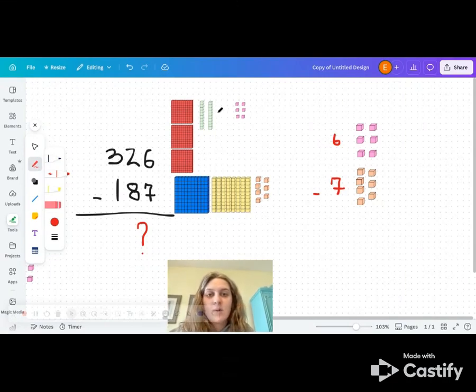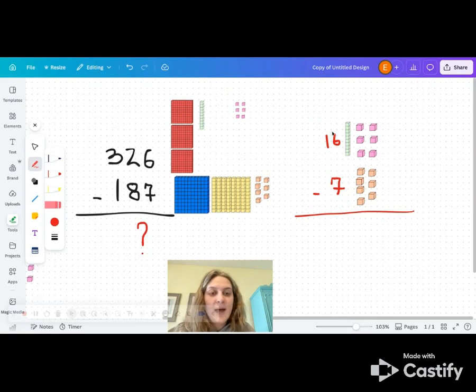So what we are going to do instead is regroup from the tens place. So we're going to take this 10 right here, which is also the equivalent of 10 ones, and we are going to move it over here. And so we're adding 10 to 6, and that will give us 16 now.